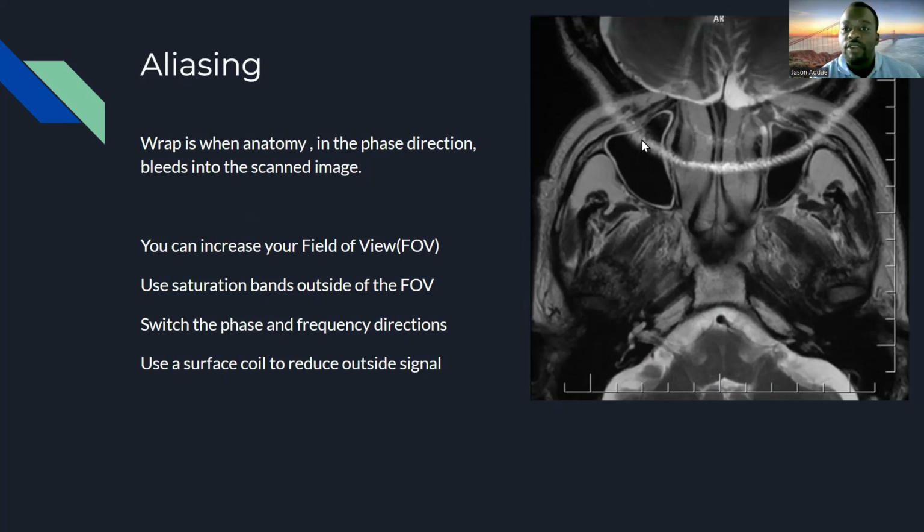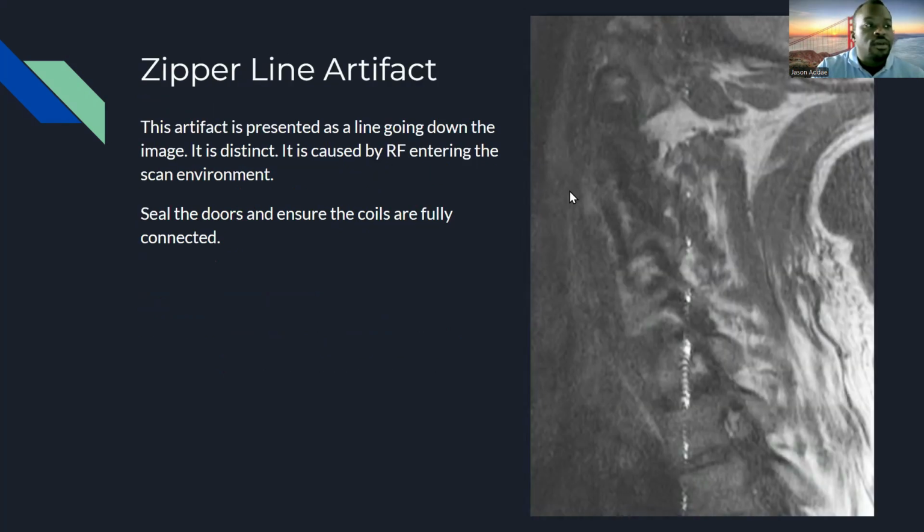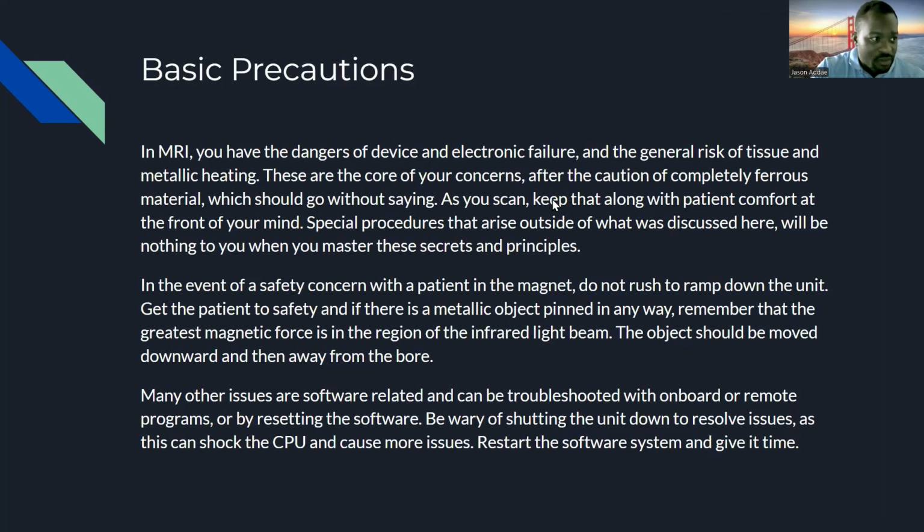And a lot of times your artifacts occur in that perpendicular, I should say, phase direction. You have Gibbs truncation artifact, which can be remedied with fat suppression. So many things you can do. There goes an example of the zipper artifact I mentioned. Make sure that there's no leakage into the room, the door isn't open, etc. These are things you learn over time.